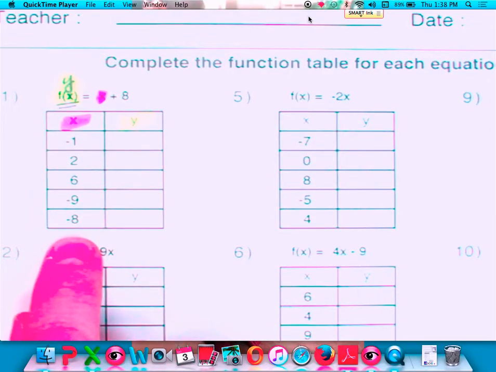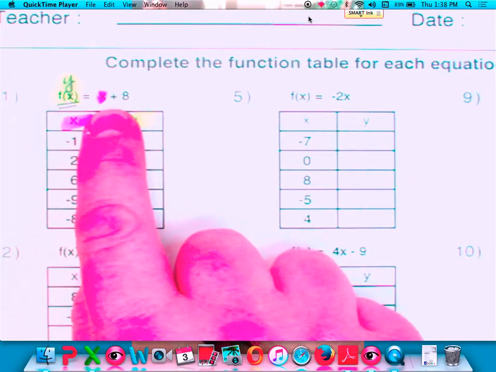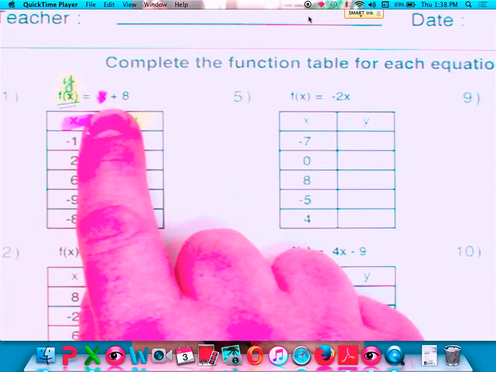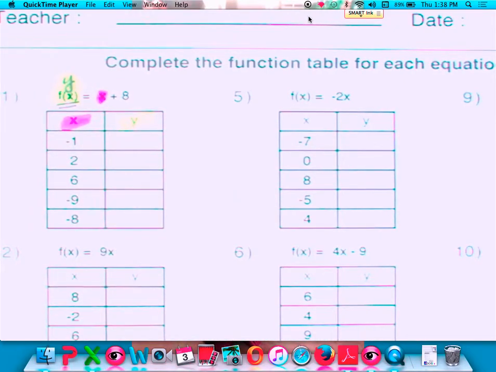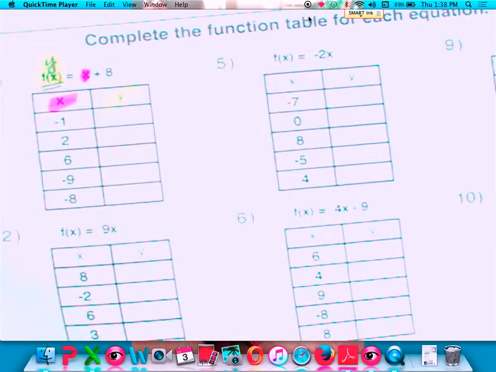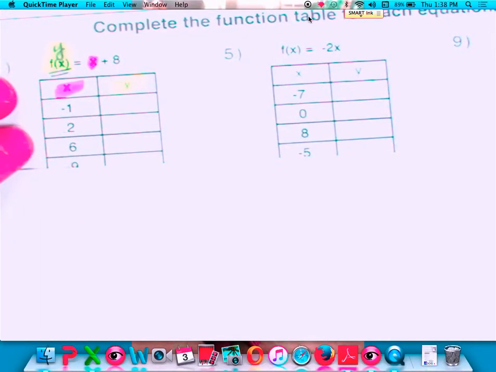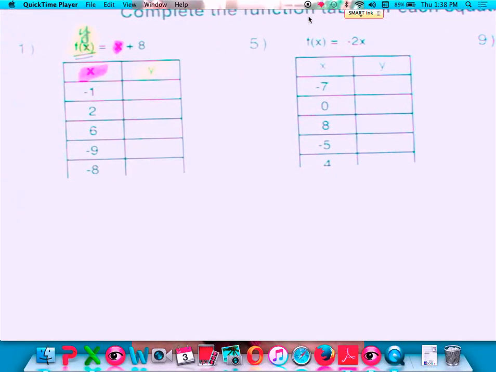What would it be if it was -8? So all we're going to do is plug these in and solve for those problems. Okay? You probably need to do this work on a separate sheet of paper, just like I am going to do here with you. So take out your separate sheet of paper, and we're going to write these down. I'll do one here with you, and hopefully they'll be enough for you.